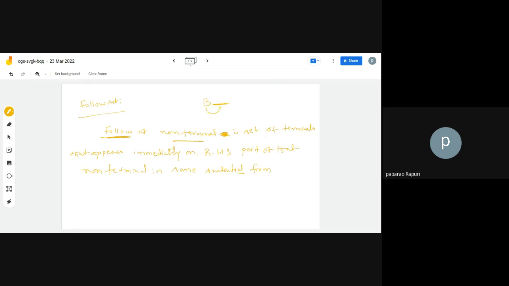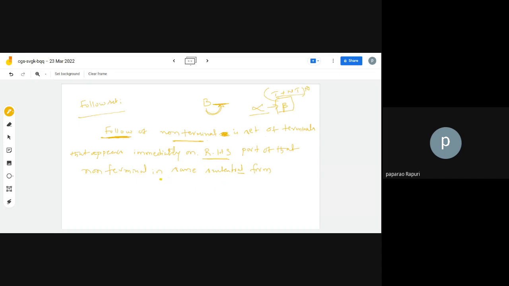So we need to add those terminals after that non-terminal on the RHS. RHS means, if any production is in the format of alpha derives beta, here RHS means beta. Beta is a Greek symbol and may be terminals, non-terminals, or any combination of them. In that part, the terminals after the non-terminal are included in the follow set.